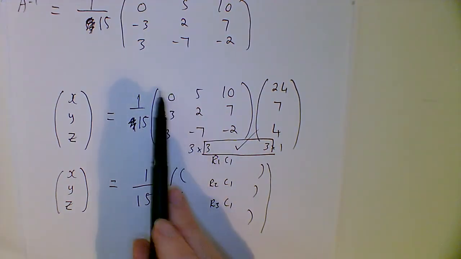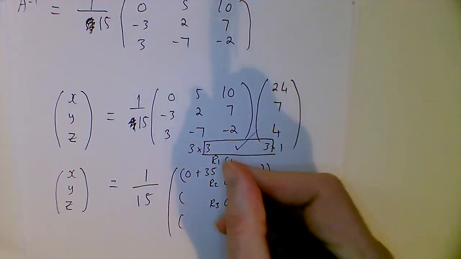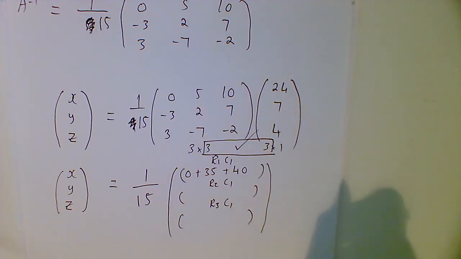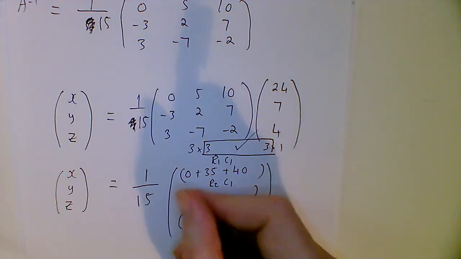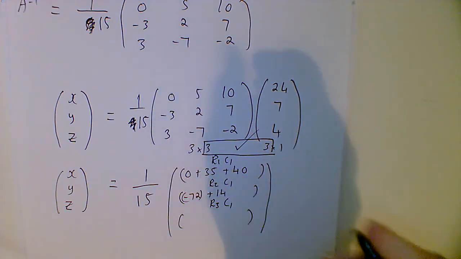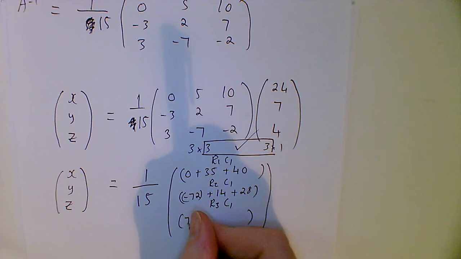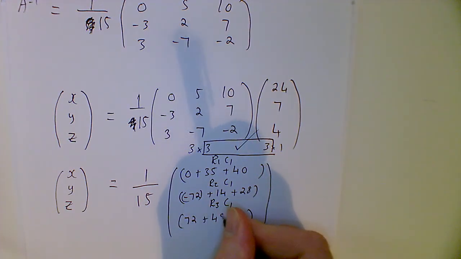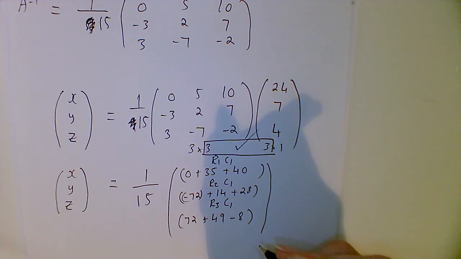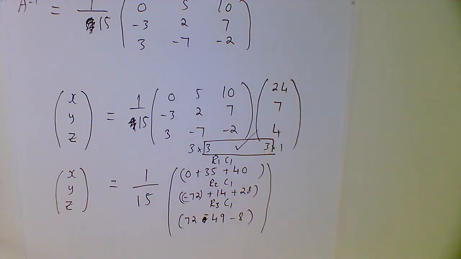Right, so I'm multiplying row 1 by column 1. So that's 0 plus 35 plus 40. That's negative 72 plus 14 plus 28. Good. And then 72 plus 49 subtract 8. Sorry, subtract 1.